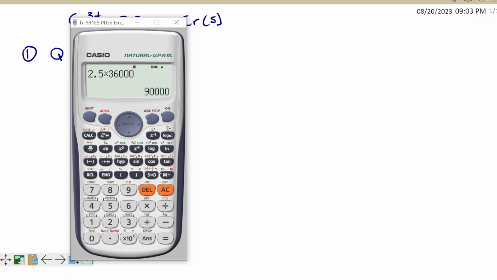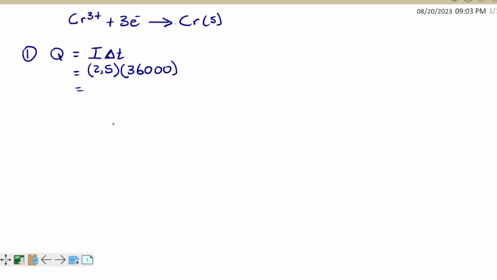So we get the amount of charge, which is 90,000 coulombs.